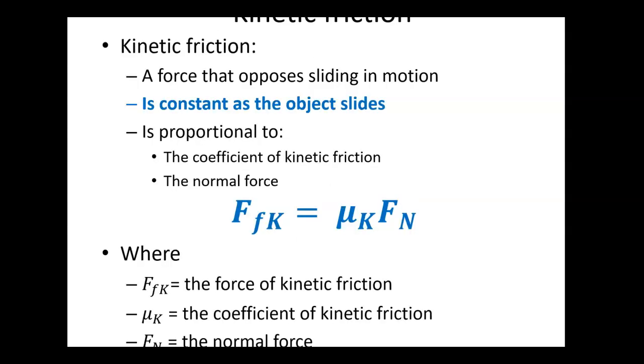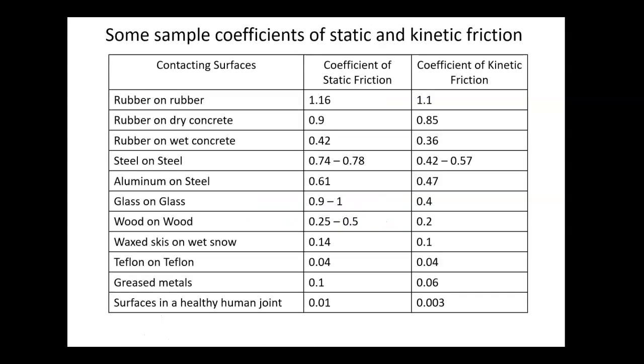If you look at the formula, if you solved for the coefficient of friction, you would have the friction force divided by the normal force. The two forces both have the same units of newtons, and so those units cancel, and the coefficient of friction is a dimensionless quantity. It has no dimension.